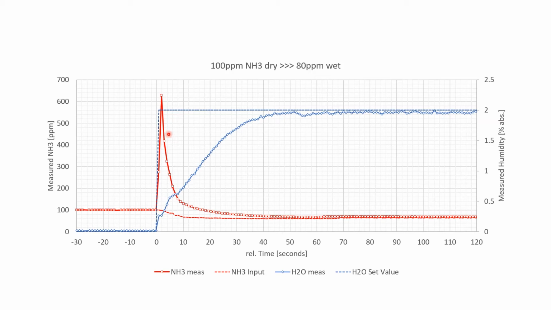And no, it's not a defective gas mixer. And no, it's not a violation of mass and energy conservation. And no, it's not a bug in the humidity influence compensation software. This is just reality. The ammonia molecules stored at the walls of the sensor and the tubes are replaced by humidity molecules and so released.